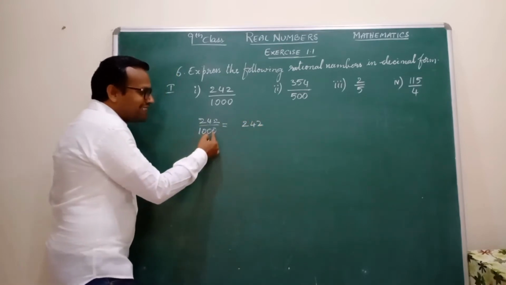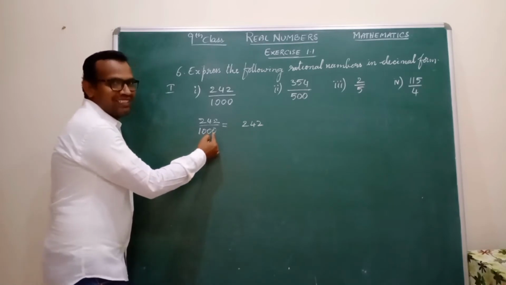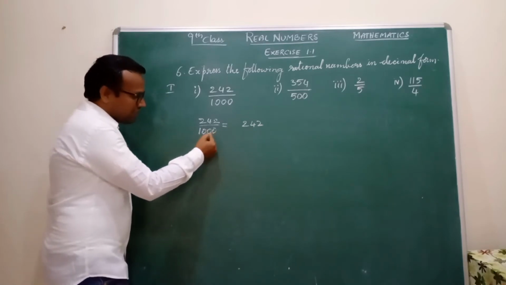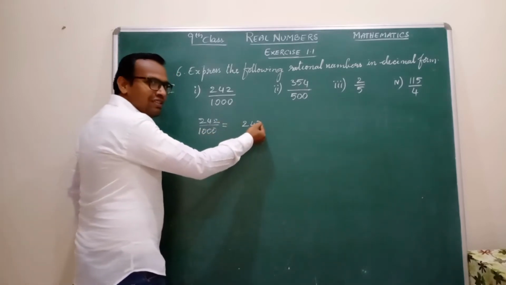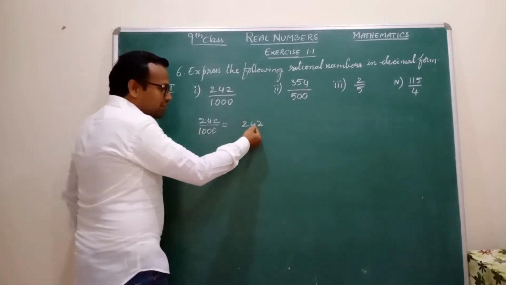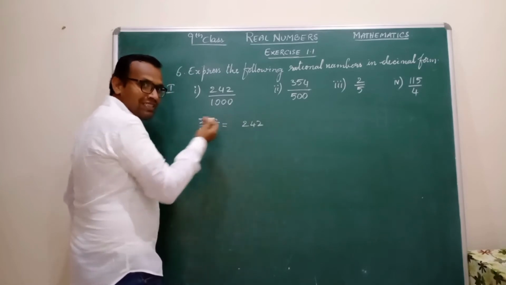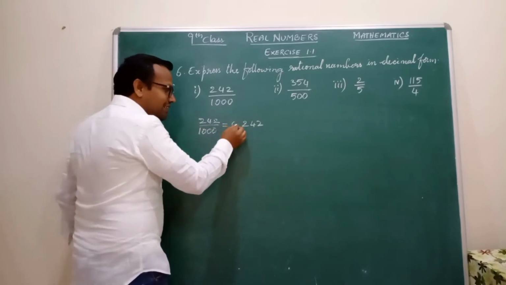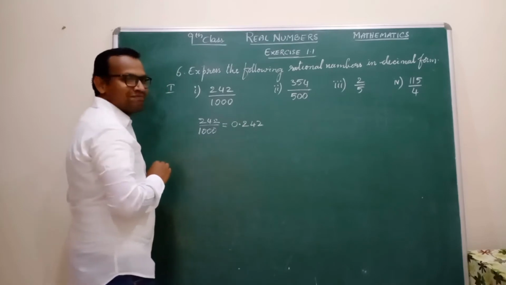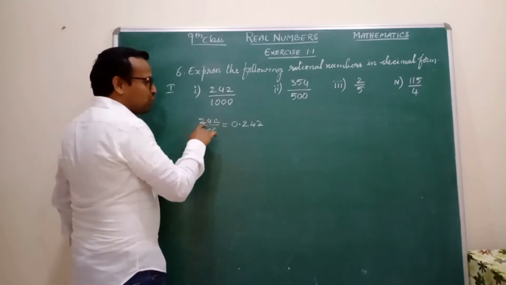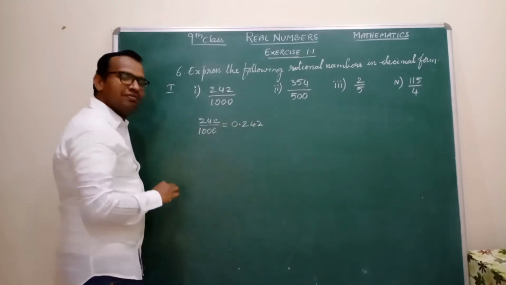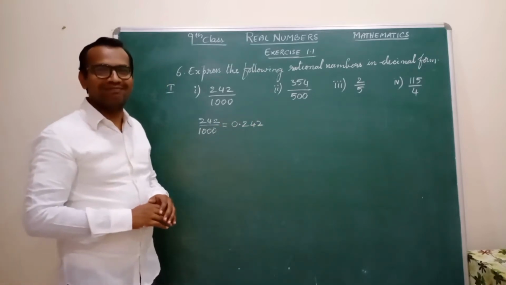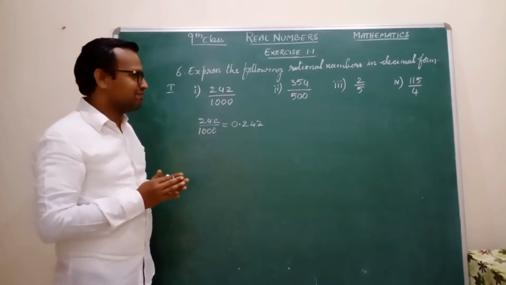Now, how many zeros are there in the denominator? Let us see. 1, 2, 3. Now, in this number, leave 3 places, 1, 2, 3 from the right side, and then put the decimal. Now, 242 by 1000 is nothing but 0.242. So, pretty simple. That's it. No need of doing a division.